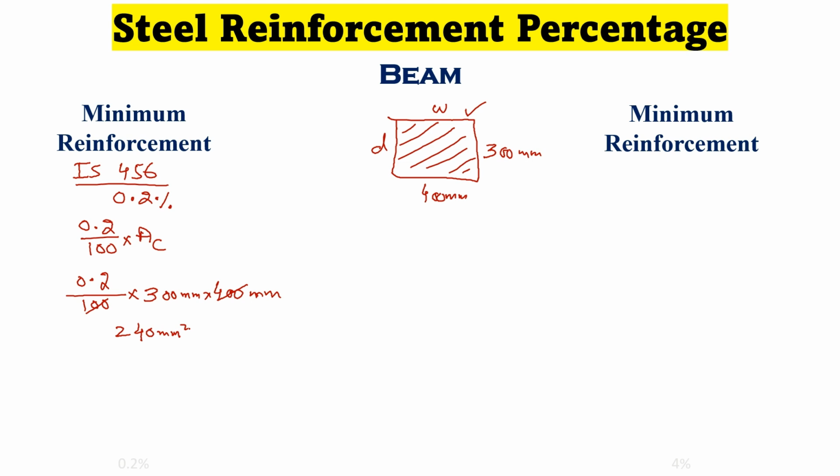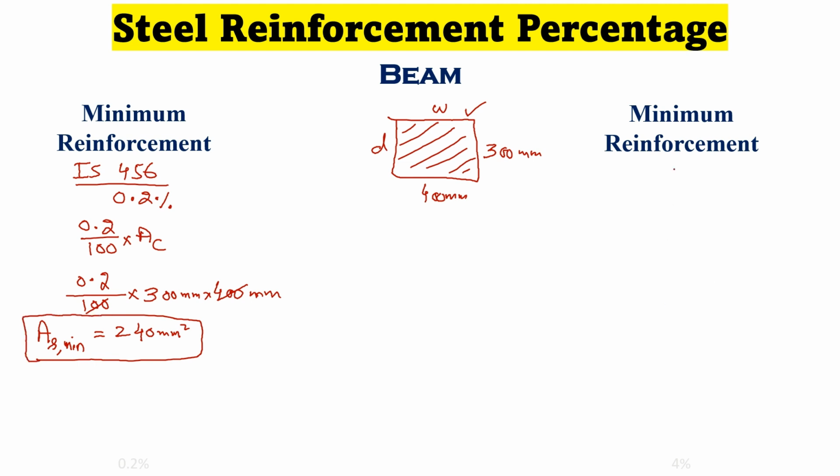It means that the minimum area of steel reinforcement in the beam with a cross section of 400 by 300 millimeters is 240 millimeter square. We will call this As minimum. So this is the area of steel required at a minimum level.